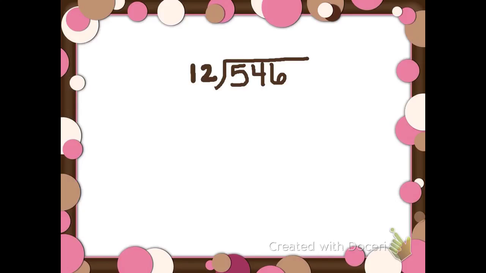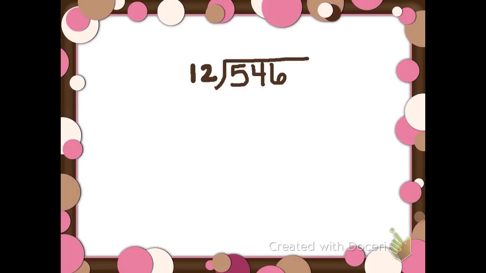So ask yourself, how many times can 12 go into 54? Now you might have to go off to the side and think about that and take a guess by multiplying 12 by some digits. If you know your multiplication facts, you could probably figure it out pretty fast. But if you can't, you can just count by 12s and say 12, 24, 36, 48, and 60.